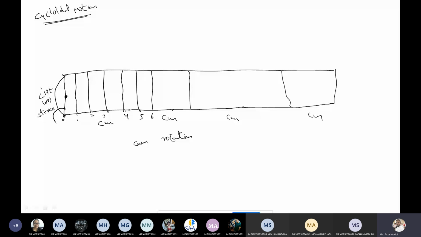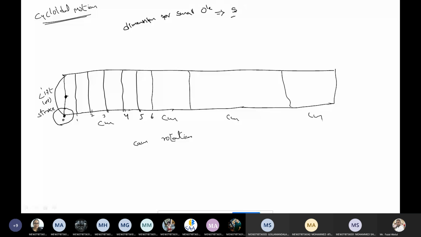Draw another small circle. The dimension for the small circle, you write in your notes, is S by 2 pi.